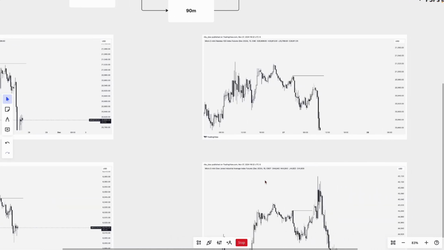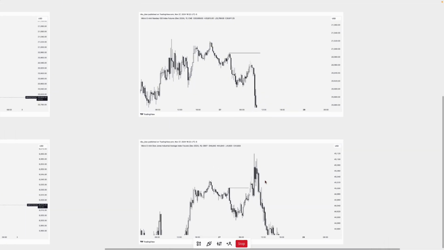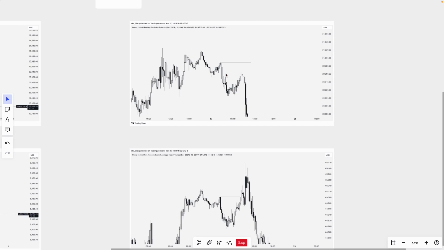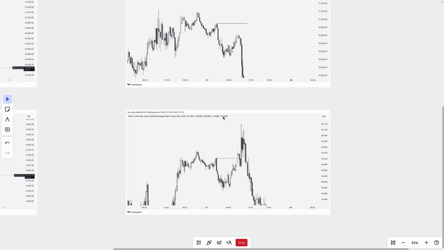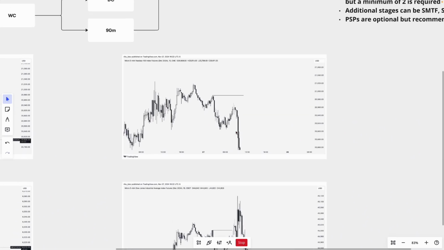After that, we move to the lower time frame to look for a sequential SMT in line with this one, confirming it. So here, above we have NQ, and I've marked out the London high. And I've done the same for the Dow, for YM here. And you can see that YM is trading above quite clearly. However, NQ has a failure swing.